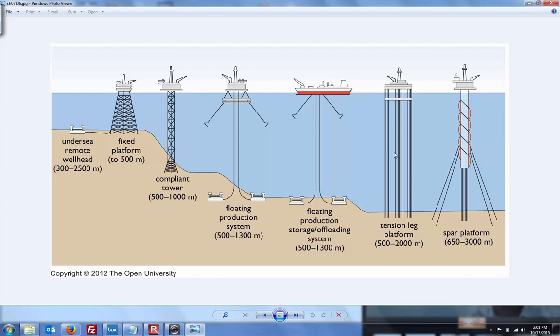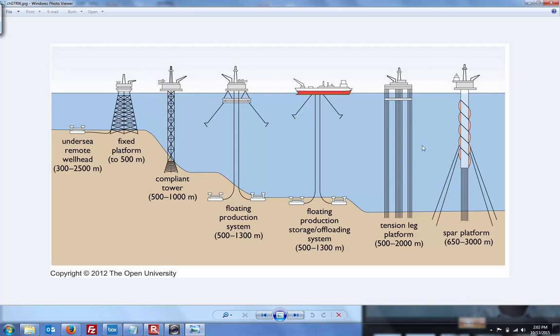Tension leg platform. Again, in every one of these cases you're having to get something secured down at the bottom of the seabed. Basically, they just use a series of cables. Right, and so these two on the left are both what are called compression structures, where they're resisting gravity by pushing the thing up.